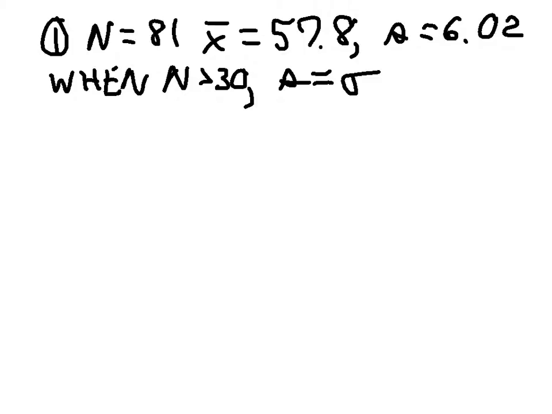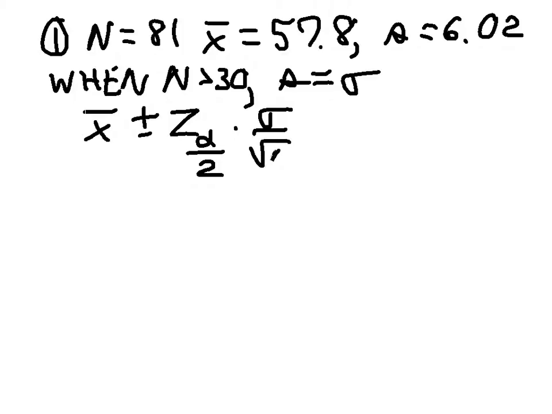Okay, so our formula for this particular setup is x bar plus or minus z with alpha over 2 times sigma over the square root of n. So the only thing we have left to get is the z value.